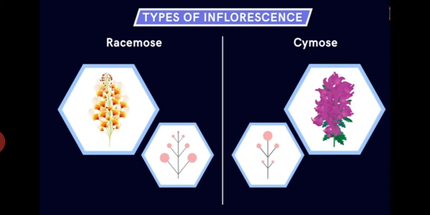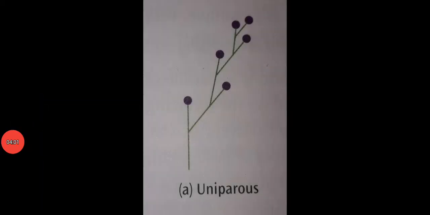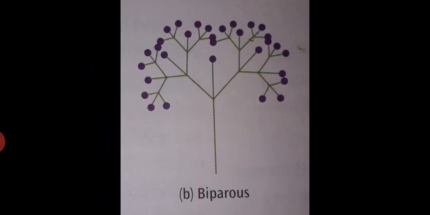Cymose inflorescence can be of the following three types. First is uniparous cyme. It produces only one lateral branch at a time, each ending in a flower. For example, begonia. Next, biparous cyme.